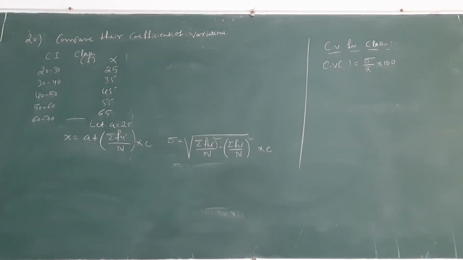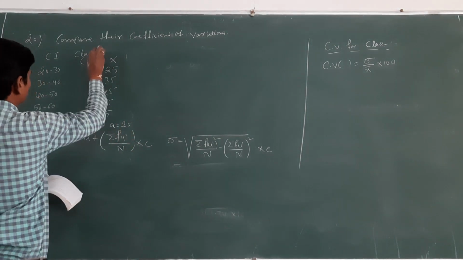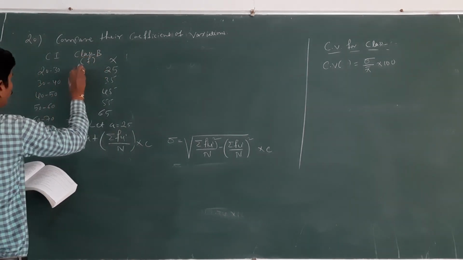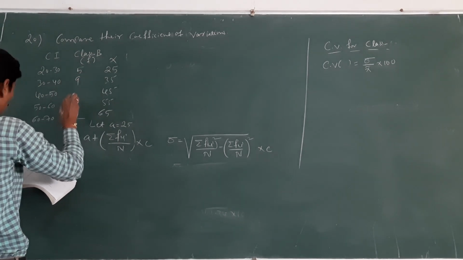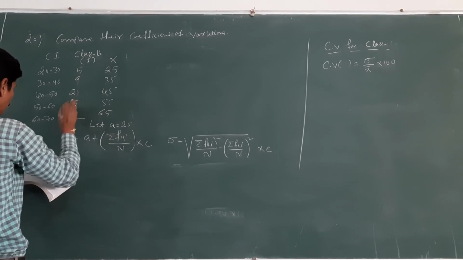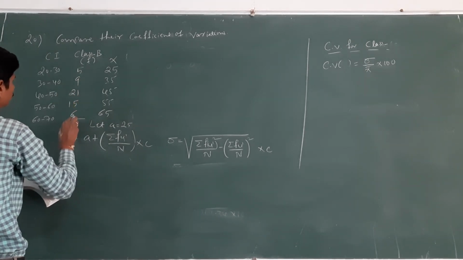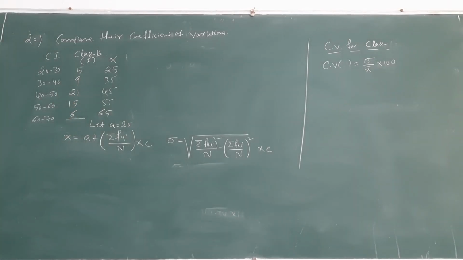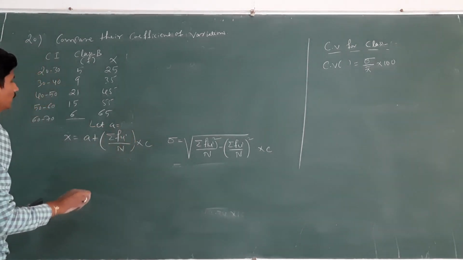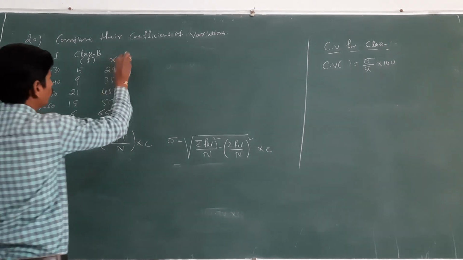Here the class B frequencies are 5, 9, 21, 15 and 6. Okay, the next step, we have to find the u value.